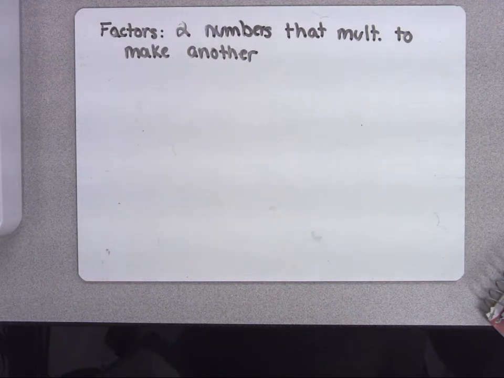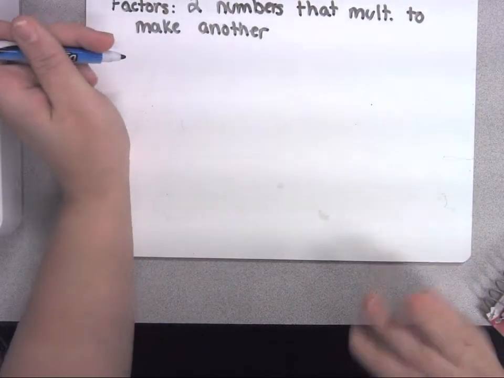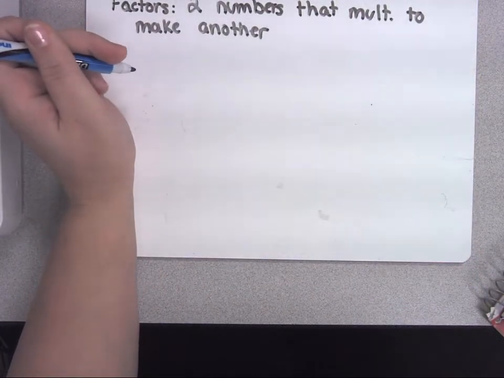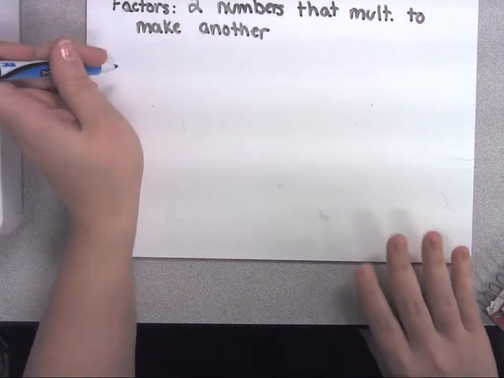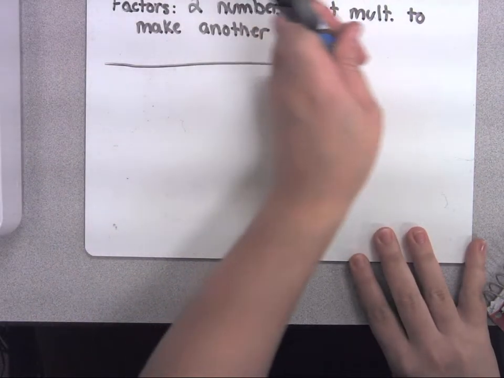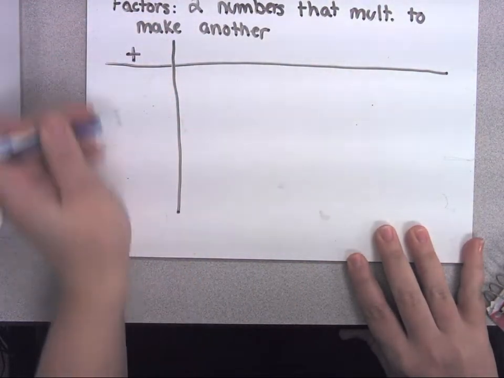Okay. So now we need to talk about all these words that represent our operations. First, what are our four basic operations? We're going to make a little chart. You're going to put addition first, and then we're going to write some words underneath it.